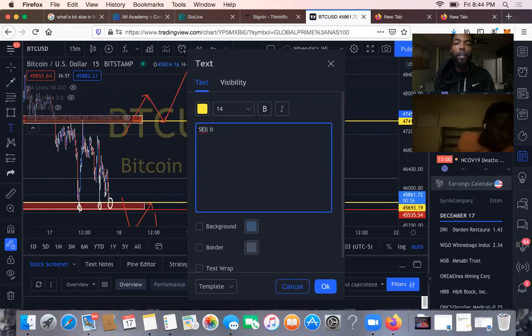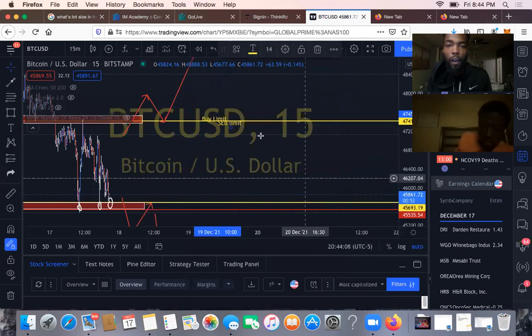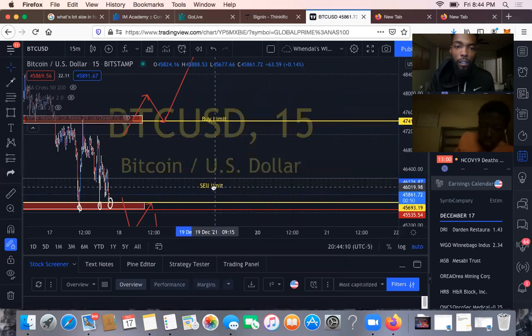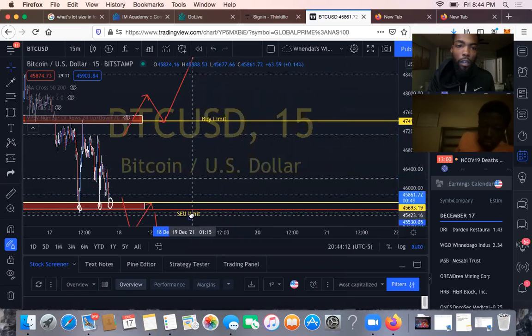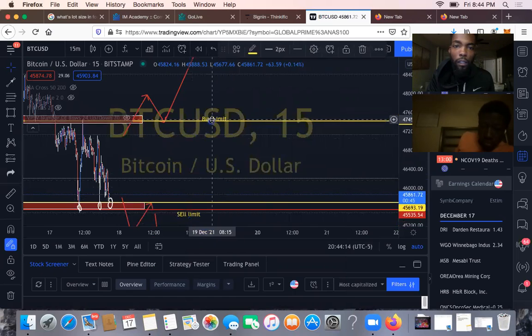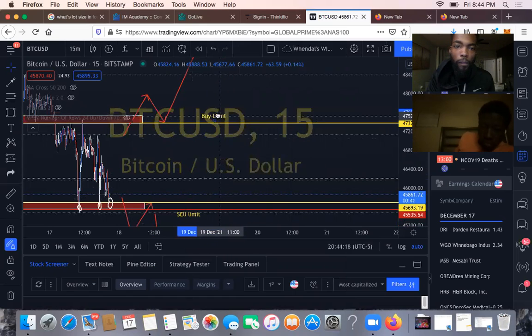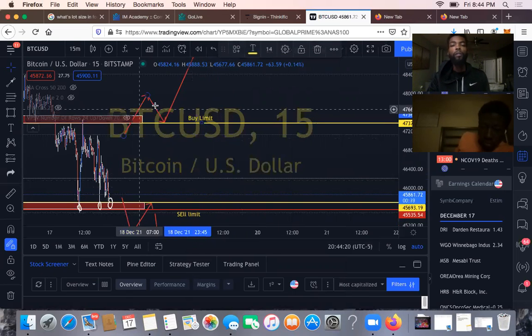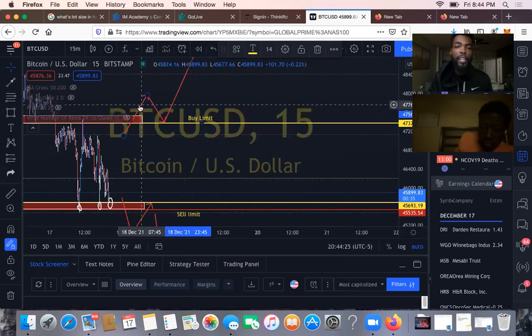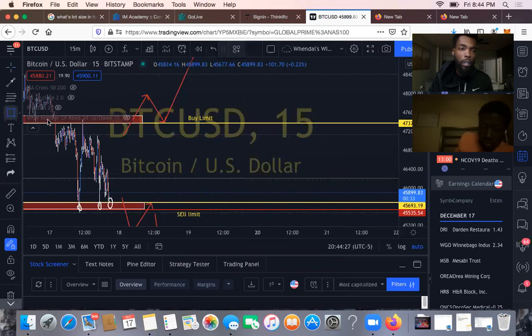Sell limit, same for the sell. So this is the sell limit. Yeah, it's the buy limit. So it breaks, it doesn't come back, it hasn't tested it yet. Let me do a candle.